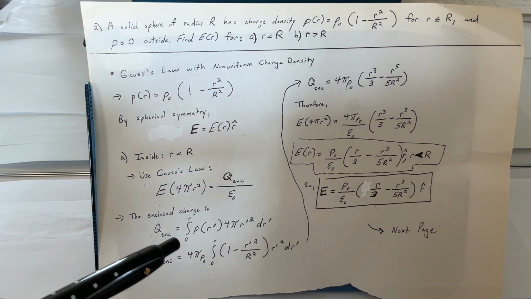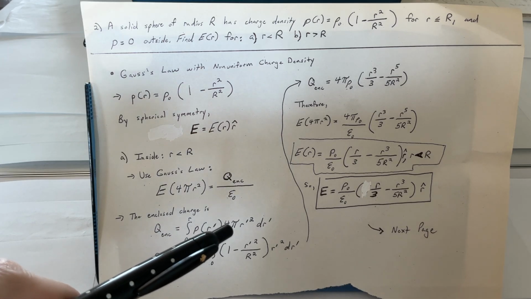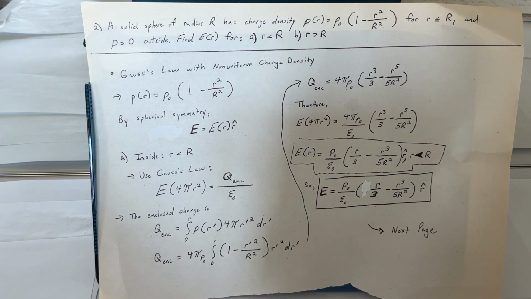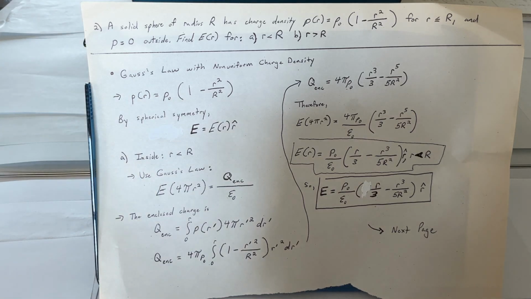Q sub enc is the integral from 0 to r of rho of r prime times 4 pi r prime squared dr prime. And that Q sub enc becomes 4 pi rho naught times the integral from 0 to r of the quantity 1 minus r prime squared over uppercase R squared, times r prime squared dr prime.